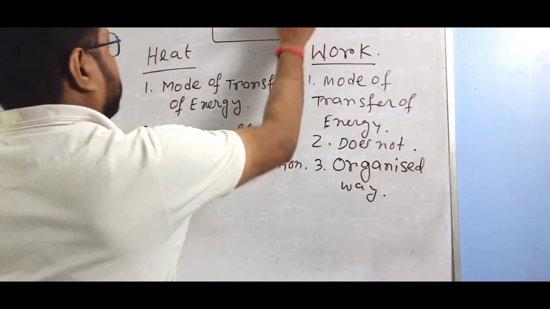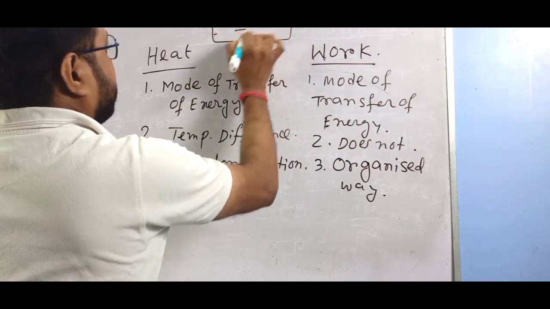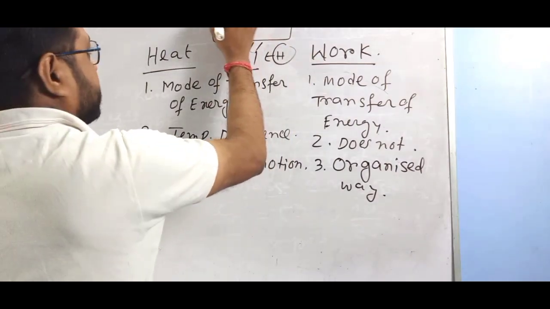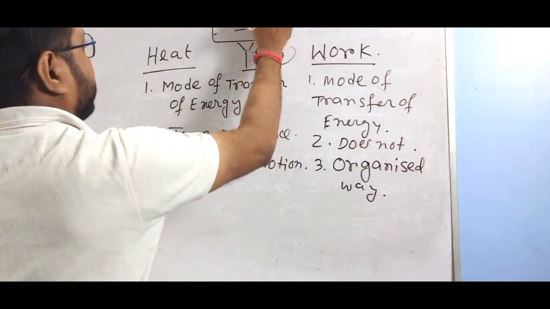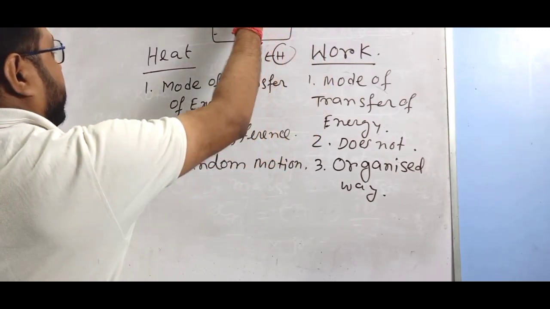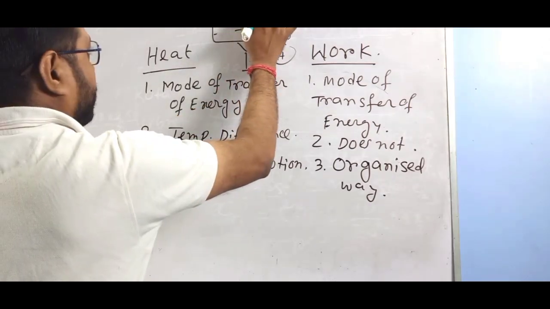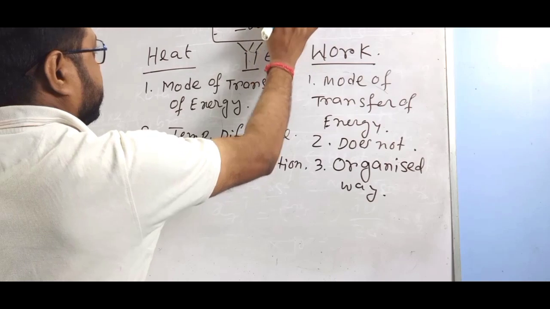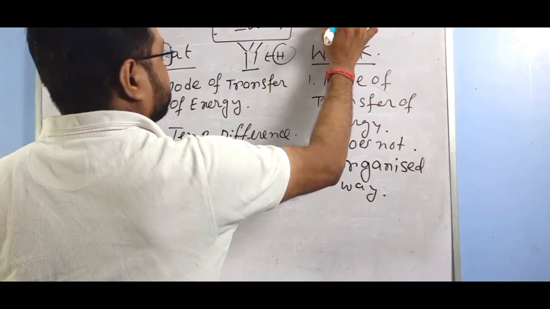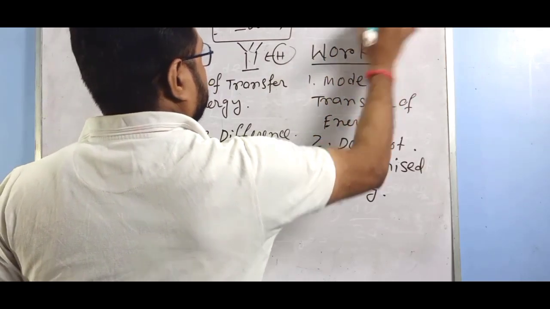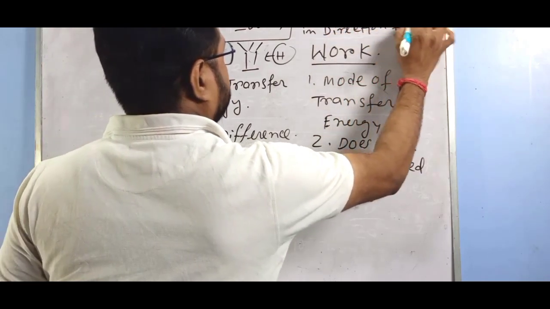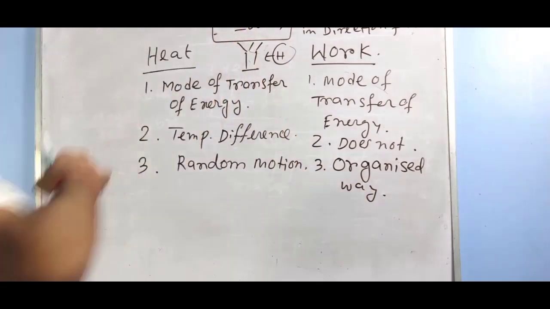If we put some gas in a container and give heat from outside, it expands. If we put some weight on it from outside and press it, then all the molecules go in the direction of the force of the piston.